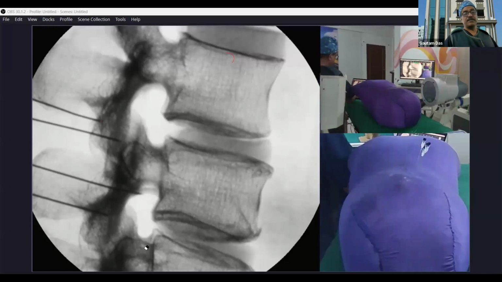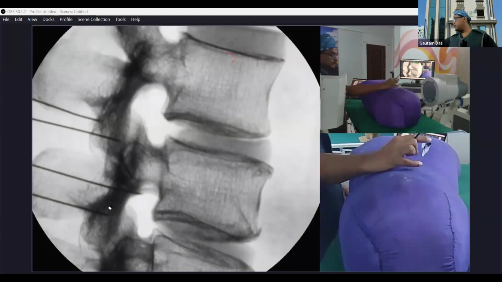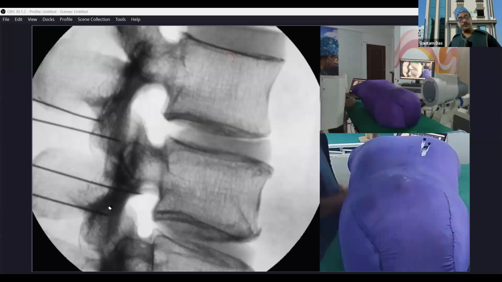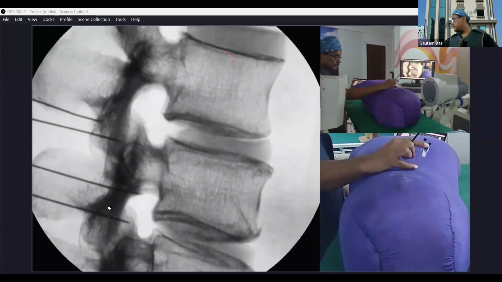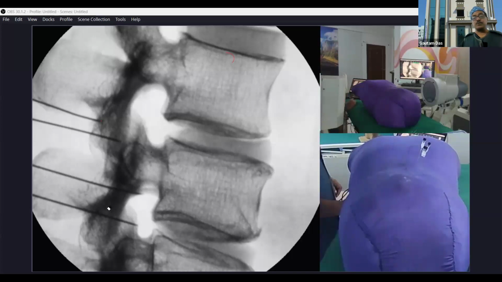I must not advance. So the needle should be as close as possible to the pedicle. And the nerve root is here. So I can touch the nerve root any moment if I advance further or if I come a little below. So be cautious that I am not damaging the nerve root. That is very, very important. And the fourth needle, the subpedicular approach, I will also have to advance. So I have to advance a little more. Okay, so that is the final position at this foramen.